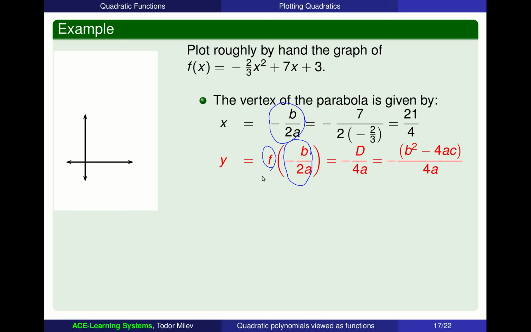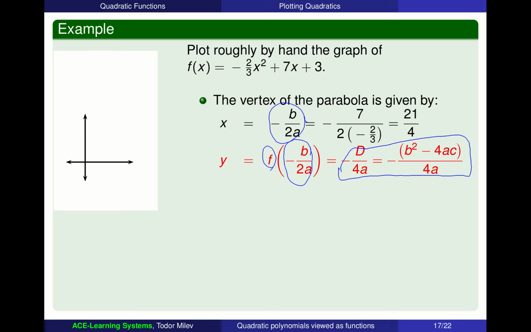We're guaranteed, when we do that, to get minus the discriminant over 4a, which is the same as negative b squared minus 4ac over 4a. If you remember, we studied that that is the y-coordinate of the vertex of the parabola. It was actually the constant term that is obtained when we complete the square.